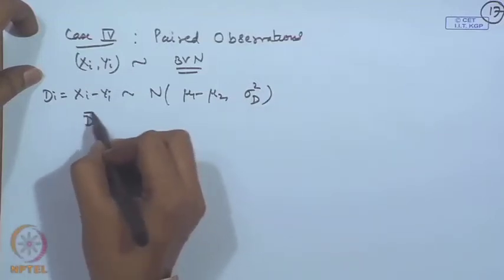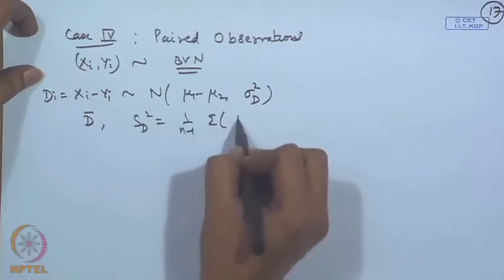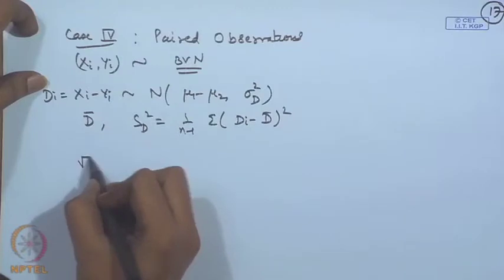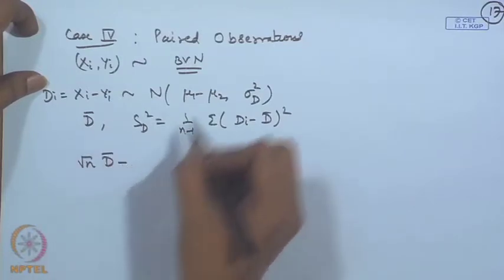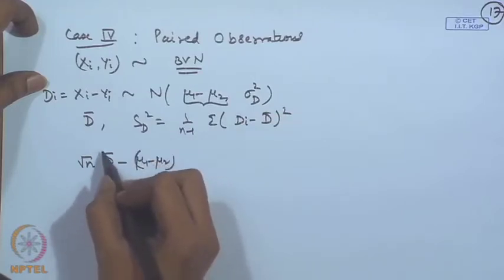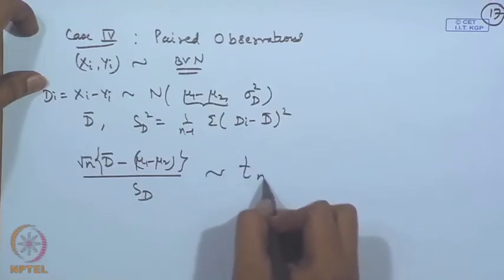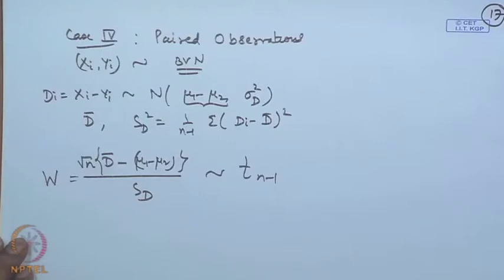So, we consider d bar and S_d square, that is 1 by (n minus 1) times the sum of (d_i minus d bar) whole square. So, root n (d bar minus (mu 1 minus mu 2)) by S_d will have t distribution on n minus 1 degrees of freedom. So, this can be considered as a pivot.